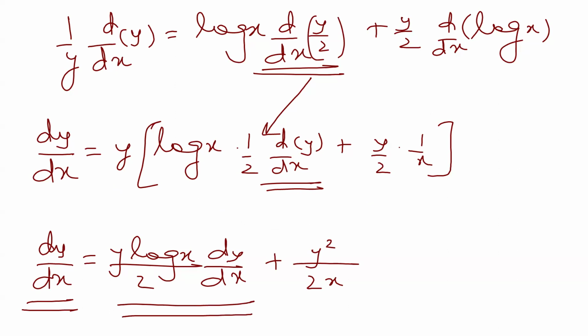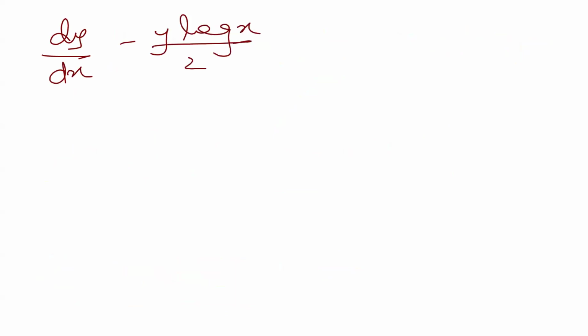So this term I'm going to shift on the left hand side, and it will be minus y log x upon 2 dy by dx. When we shift that term on the left hand side, it will be negative. So dy by dx minus y log x upon 2 dy by dx is equal to y square upon 2x.